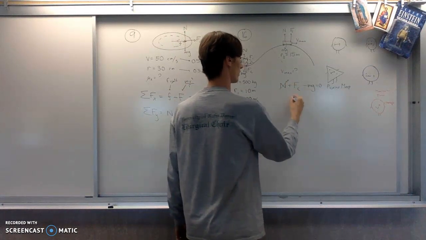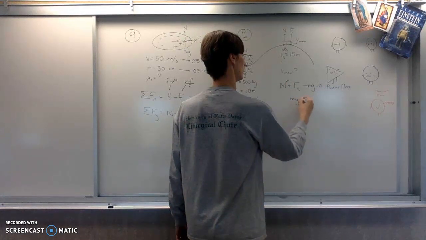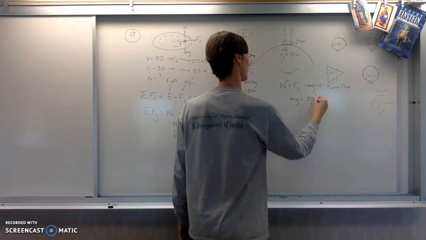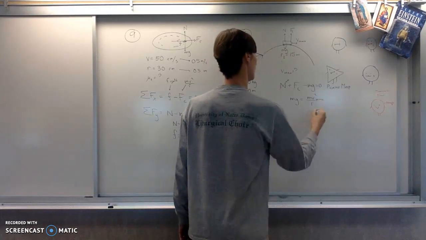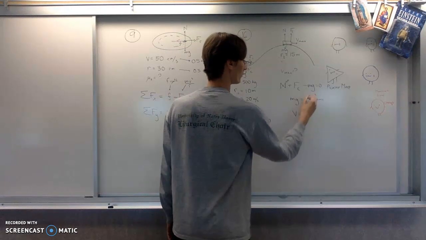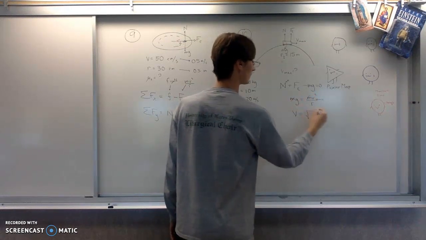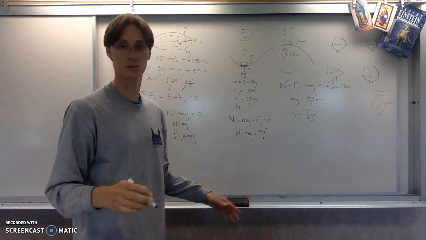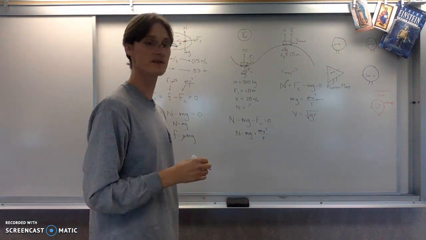And so therefore, just like yesterday, you should be able to get it down to V equals root GR. And then whatever that numerical value is for an answer.